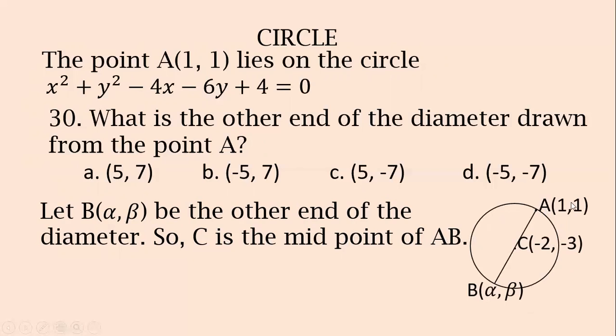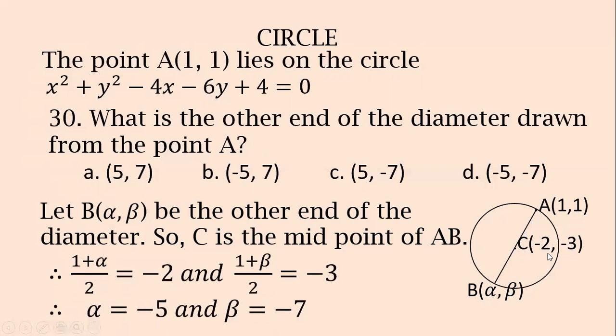From this figure, this is A and we consider this is B. So definitely the center will be the midpoint of AB. So what can we write? (1 plus alpha) by 2 is equal to minus 2. (1 plus beta) by 2 is equal to minus 3. Thereby we get the value of alpha, beta, that is the opposite end of the diameter passing through A.